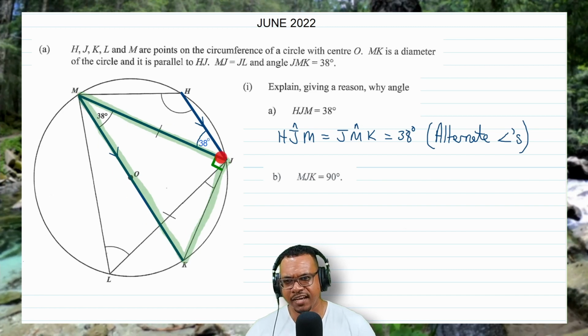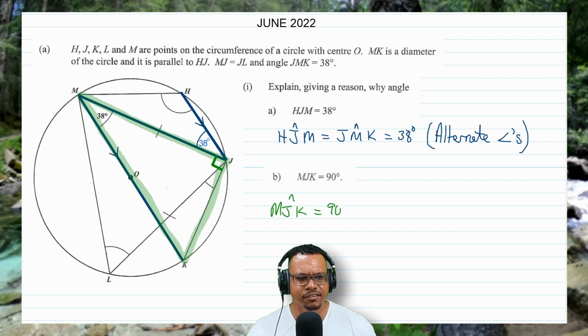So you can see the arms of the angle standing on the diameter and the angle is at the circumference of the circle. So that's why this angle here is 90 degrees, because the angle in a semicircle is a right angle. So I'll have MJK is equal to 90 degrees. I'll just put angle in a semicircle.